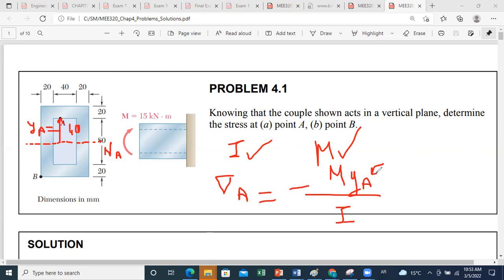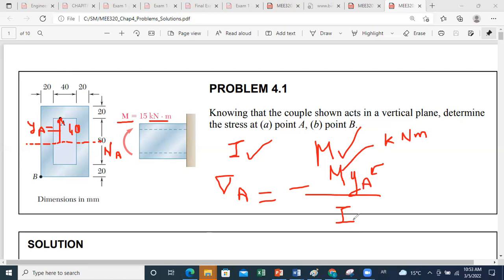Here you should pay attention to units. You cannot mix units. Already your moment is in kilonewton meter. So if we use the moment in kilonewton meter, then we should convert Y and I to meter.